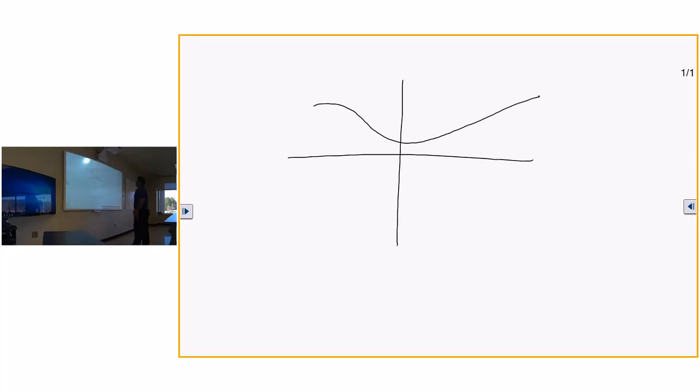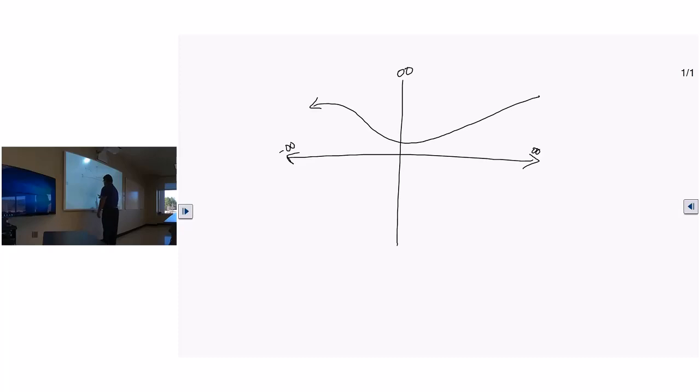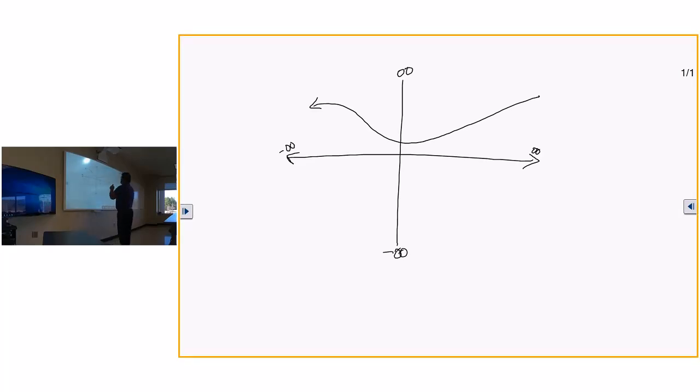Everybody with me? And let's say that this is, of course, we know this is negative infinity. And it's got an arrow, so that's going to negative infinity. This one is positive infinity. This one is positive infinity in the y direction, and this is negative infinity in the y direction. And let's say that this point right here, the bottom, the vertex of this function, is at 1.